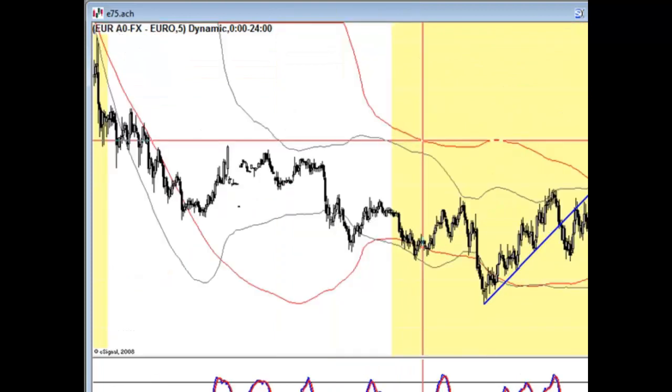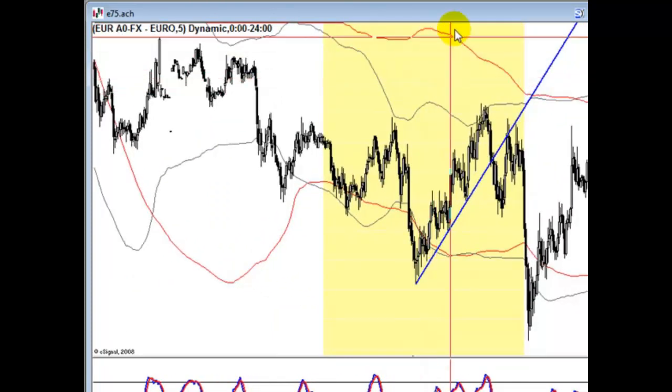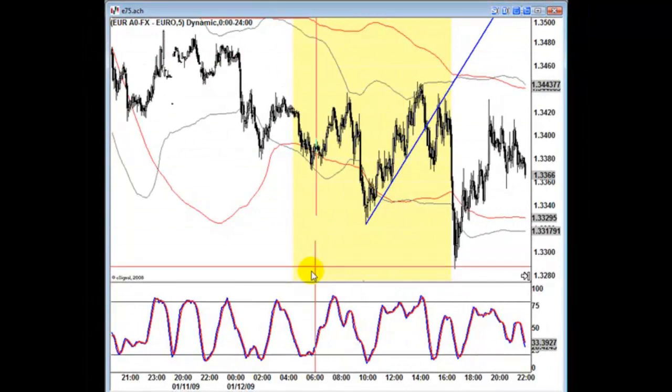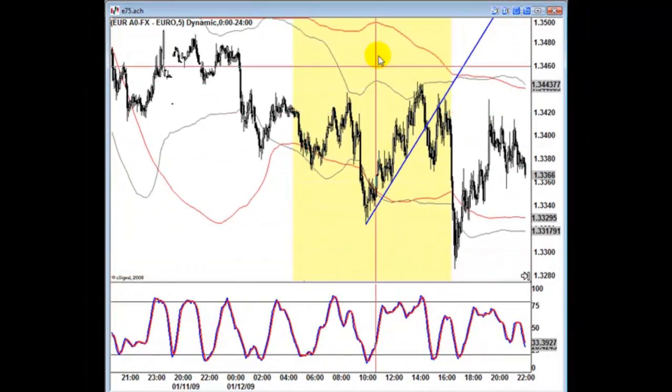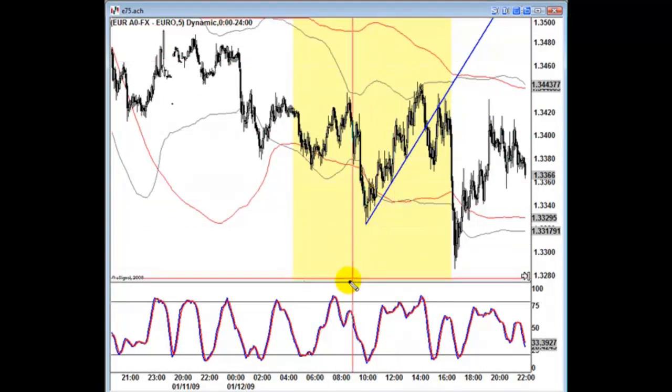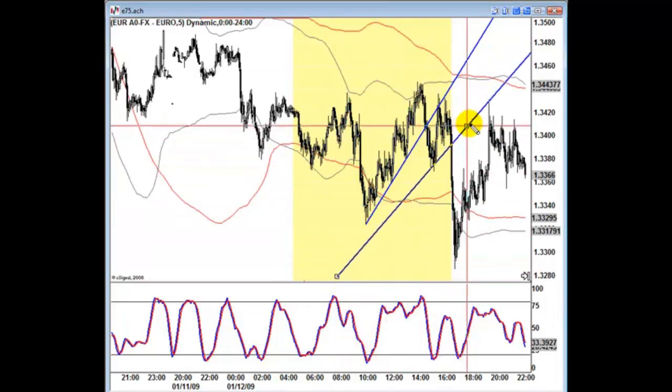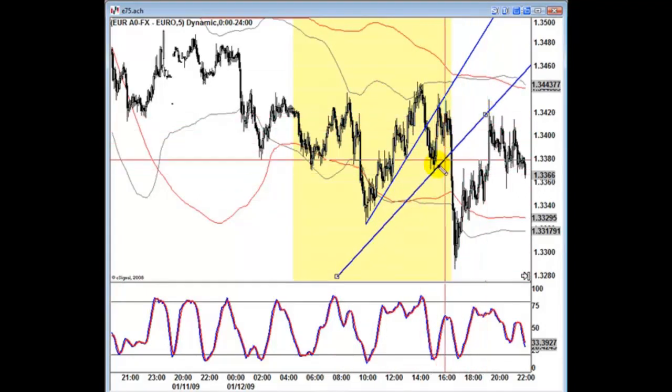For example, if there was a trend line coming up from here all the way up here, then we would consider the longer term trend line as a potential obstruction.